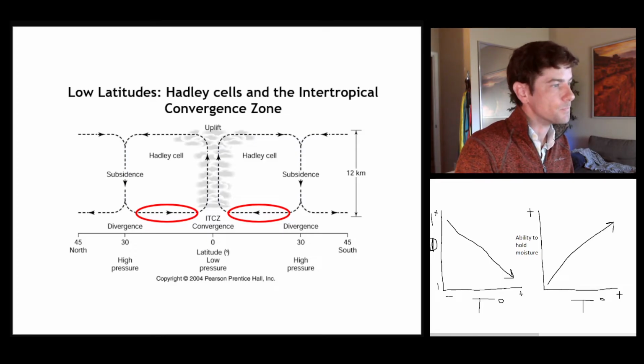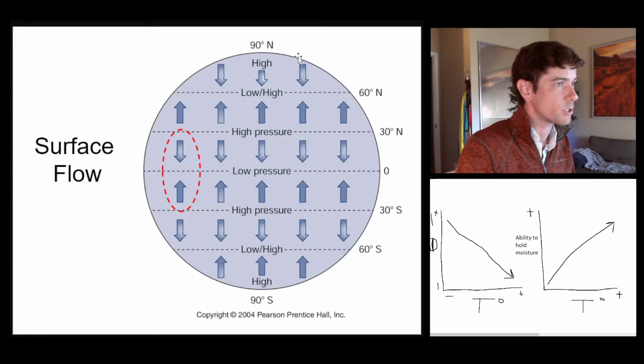And so if you look at the Earth's surface, it's kind of just like from the side, the whole Earth, here's the equator, 0 degrees, 30 north, 60 north, and the North Pole. These arrows represent what would be the surface currents, right? The winds, the surface winds.